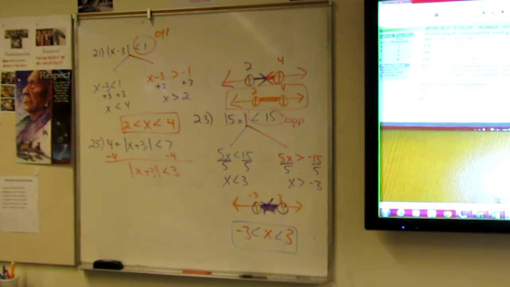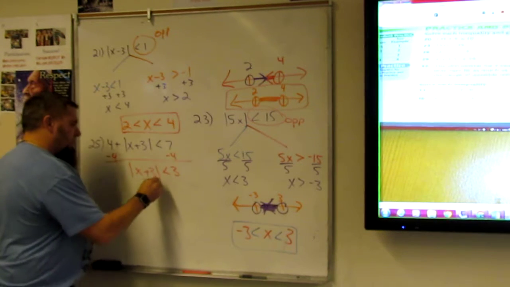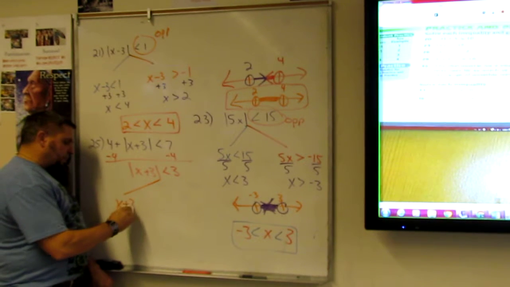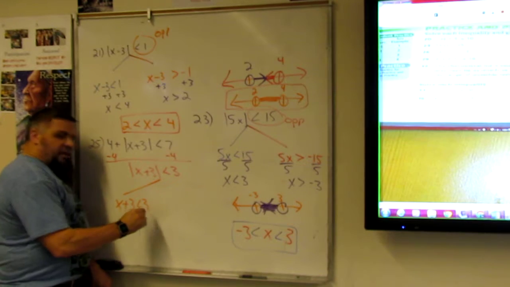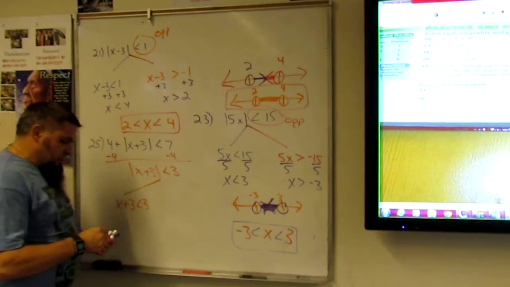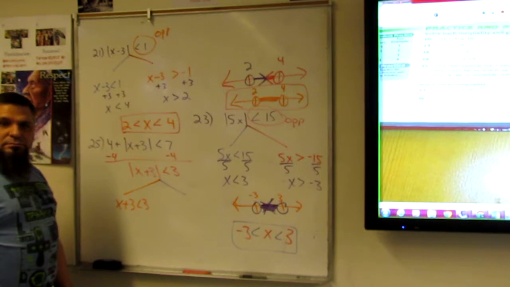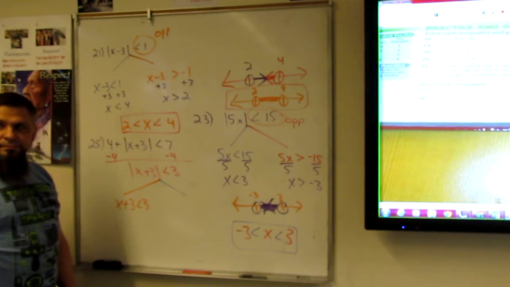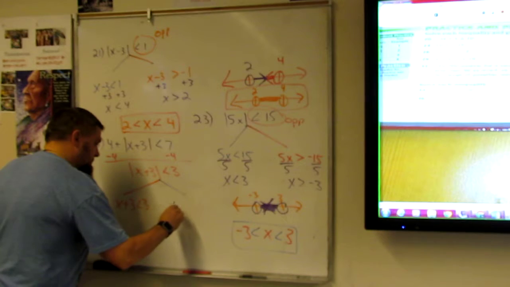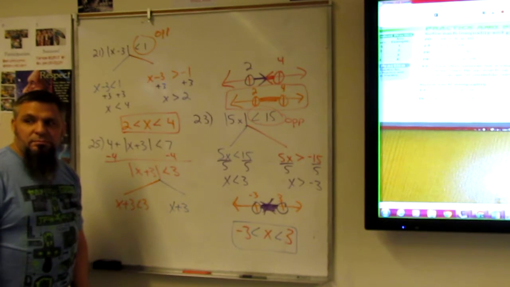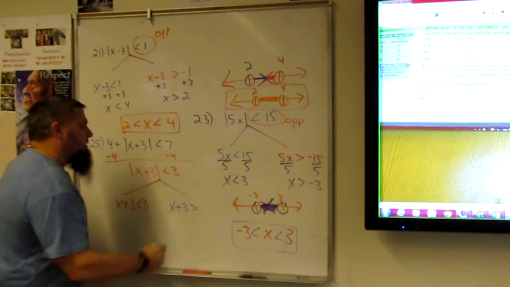Now the absolute values are by themselves. So what am I going to do? Come this way: x plus 3 is less than 3. And what do I do this way? x plus 3 is greater than negative 3.